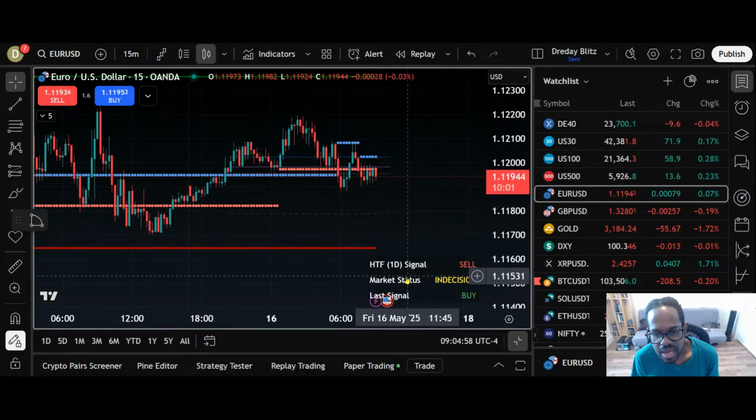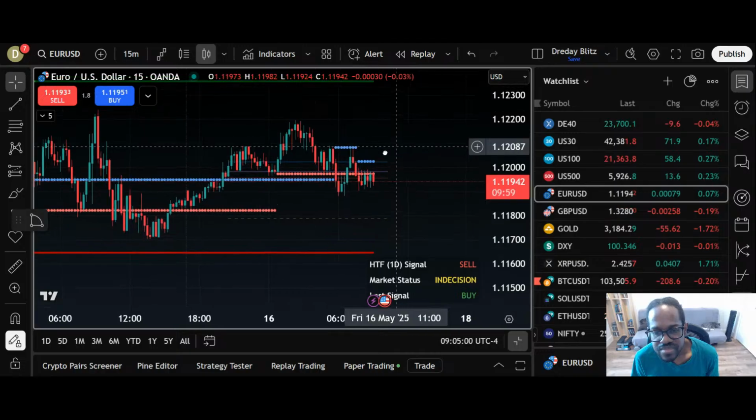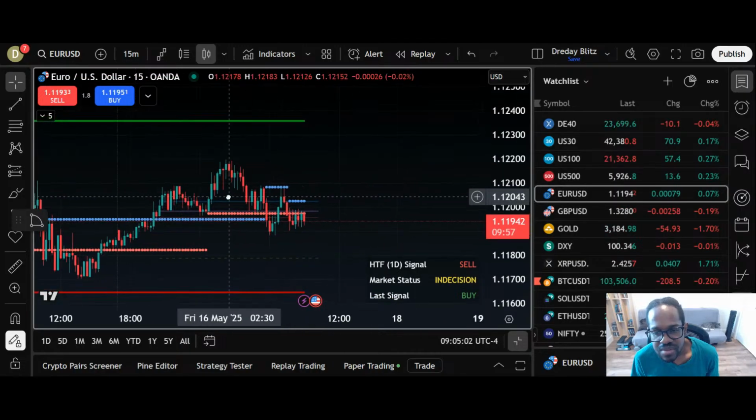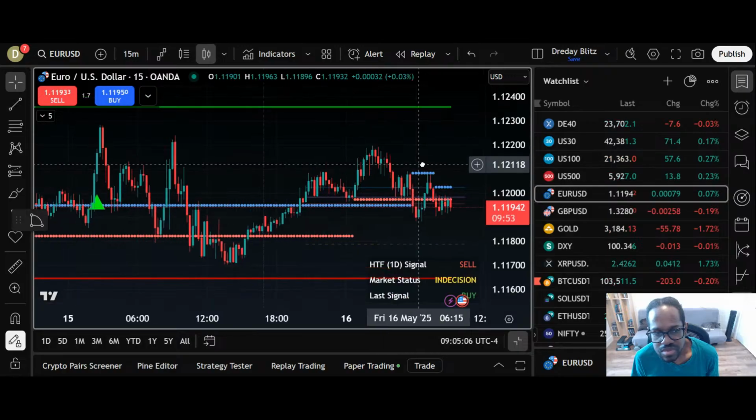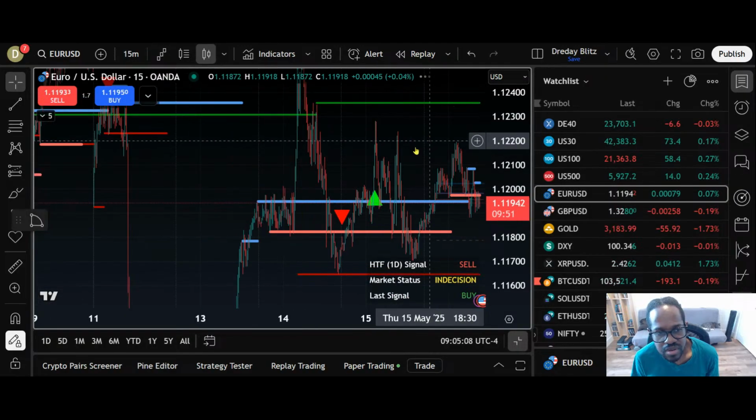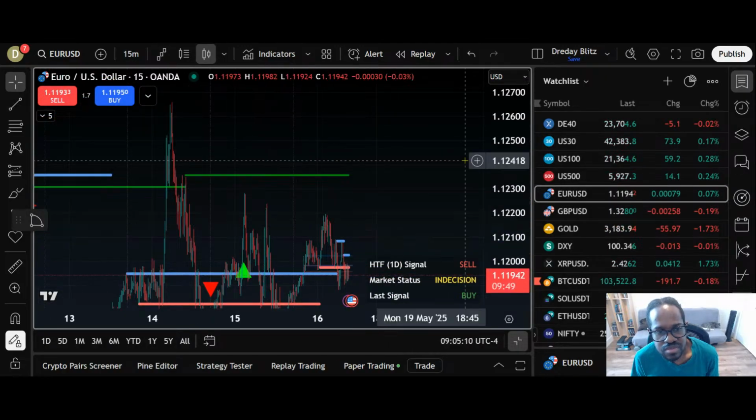So right now we're looking at the daily as the higher time frame, for the last signal on the higher time frame. So we're selling off overall.